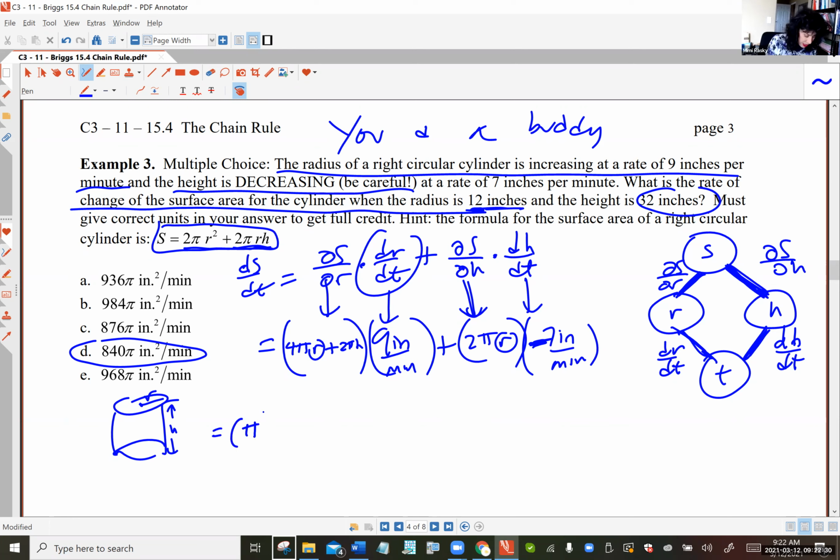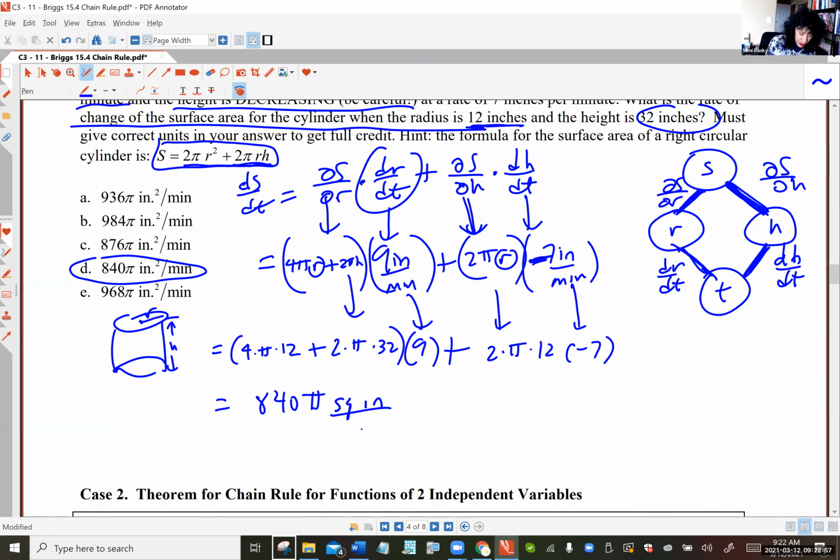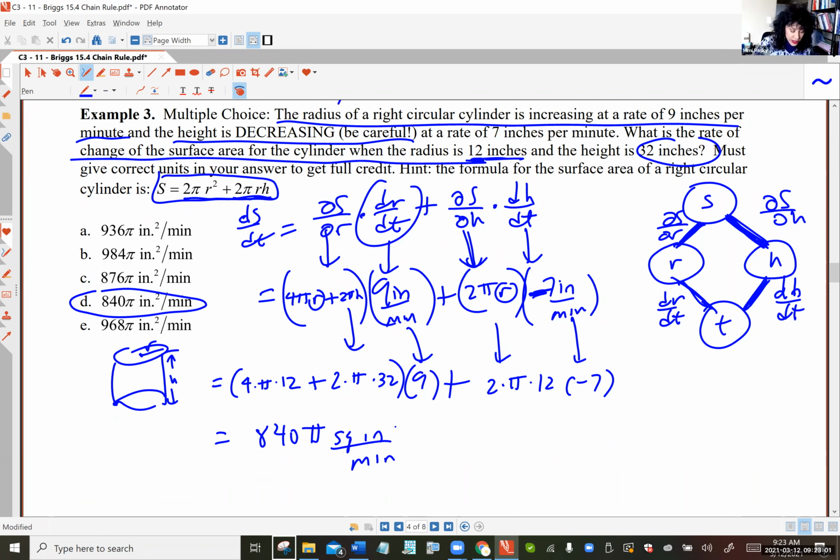So you'll have 4 times pi times 12 plus 2 times pi times 32, and then you'll multiply that by 9 plus 2 times pi times 12, and then this is -7, and then you get 840 pi, and because this is surface area changing, it's going to be square inches per minute, or inches squared per minute. Okay? Any questions on this?